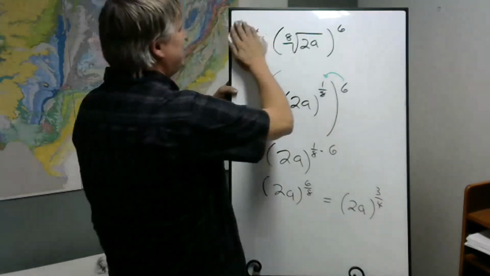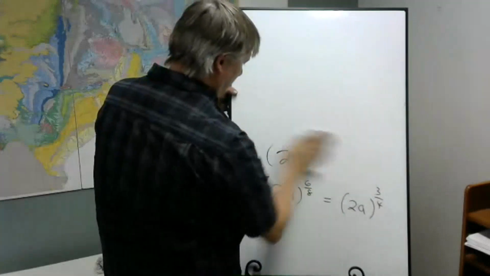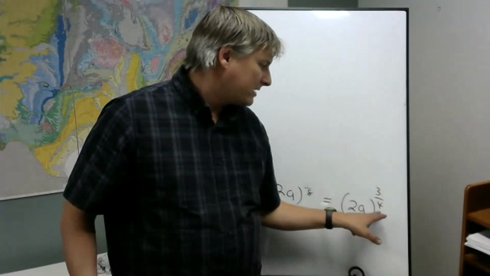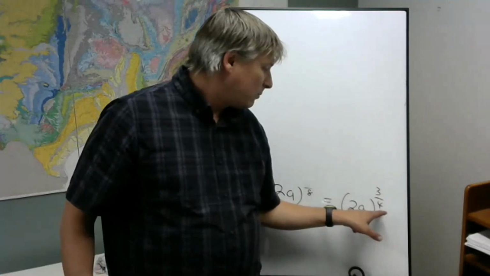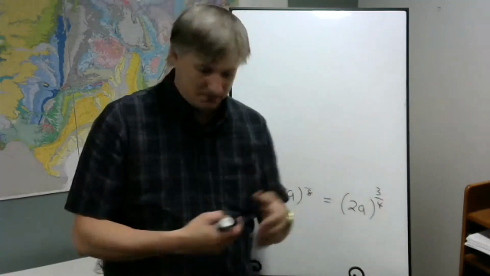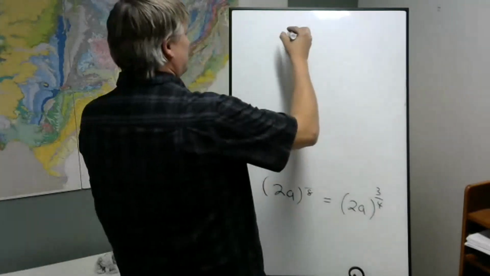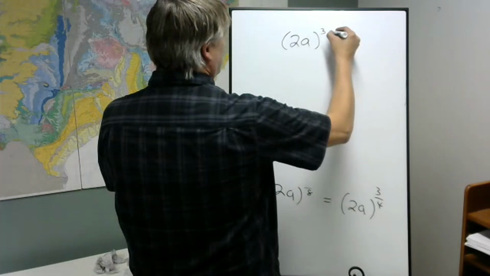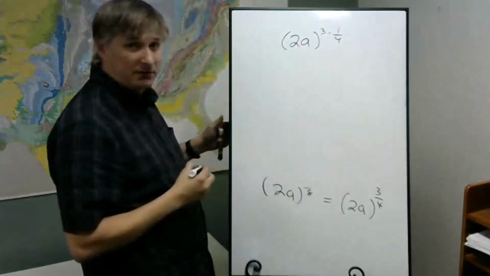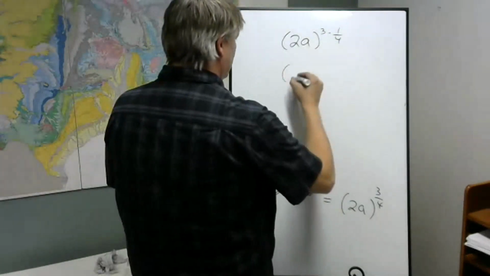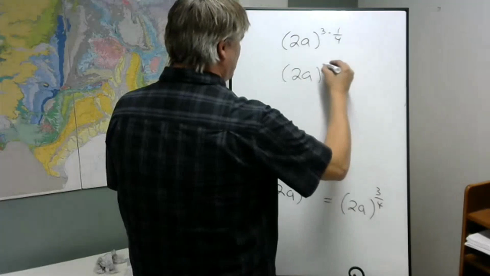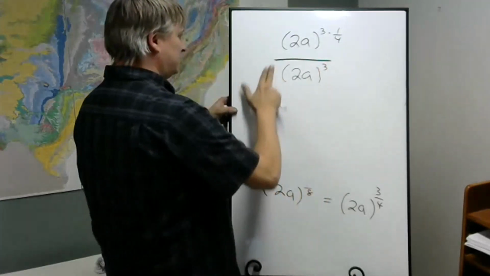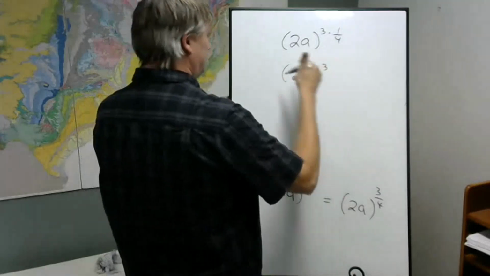So once again, when in doubt, if they don't want the answer as a rational exponent, they want you to tease out the root. So that means we'll leave the 2a cubed times 1/4, or 2a cubed to the 4th. Oh, I'm going a little bit fast. Let me do this.